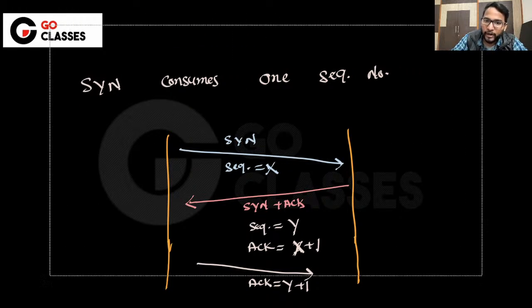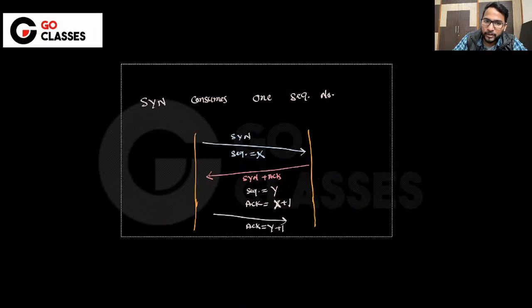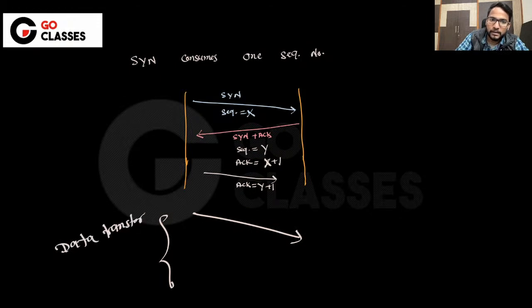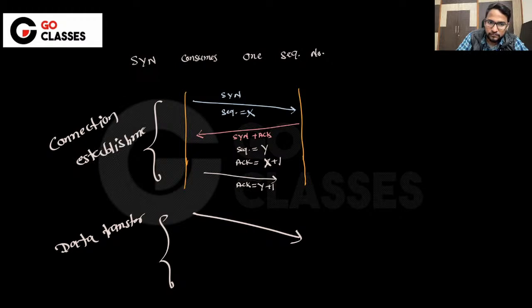What do I mean by that? I mean that whenever next time you are going to send the data, what will the sequence number of the data be? Let's suppose this is the connection establishment, and then the data transfer.